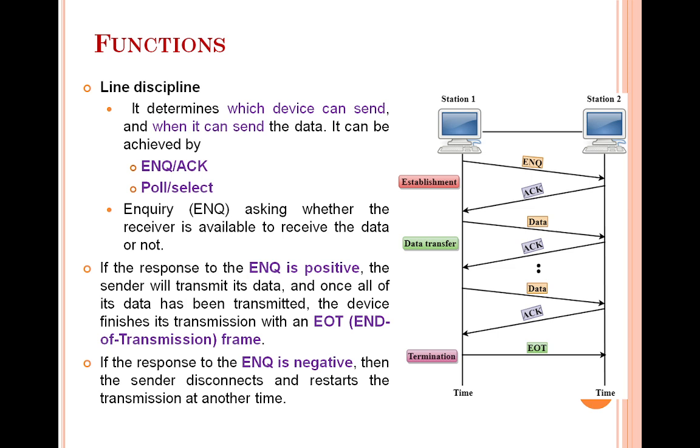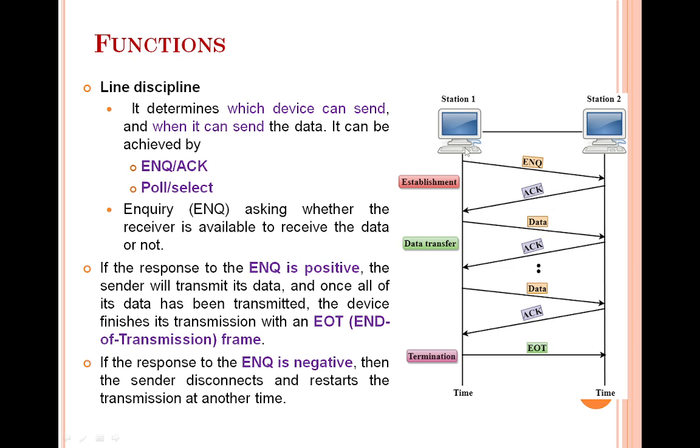Now let us discuss the functions of the data link layer, data link control. The first one is line discipline. From this diagram, you can see that there are two stations, station 1 and 2.